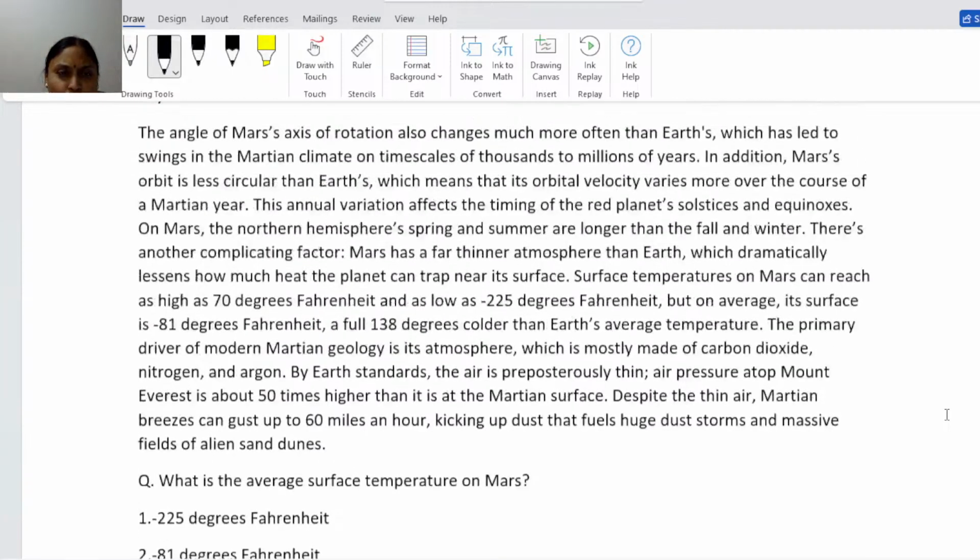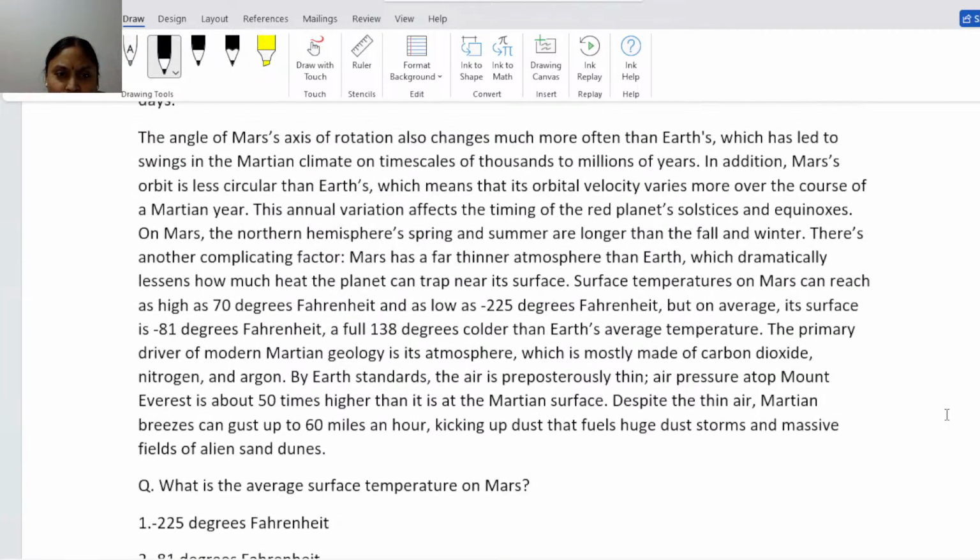So we will go through the paragraph once again. So here, see, they give it on average; it is about Mars, minus 81 degrees Fahrenheit. This is a direct question.